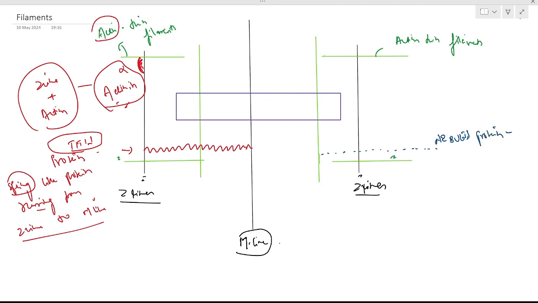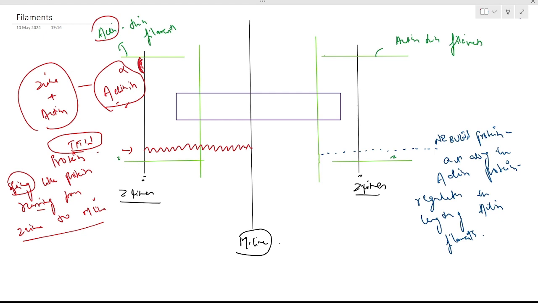What is the function of this nebulin protein? This nebulin acts along the actin protein. Remember, this nebulin regulates the length of actin filaments. This here is the nebulin protein.